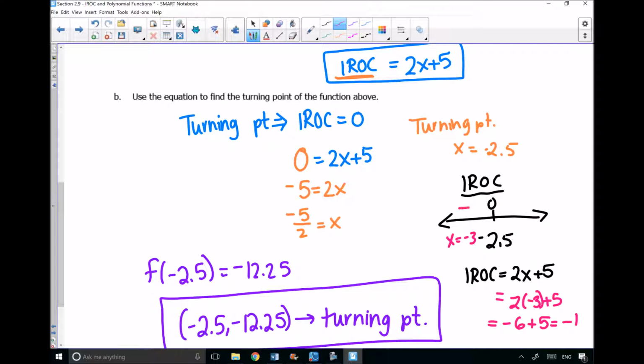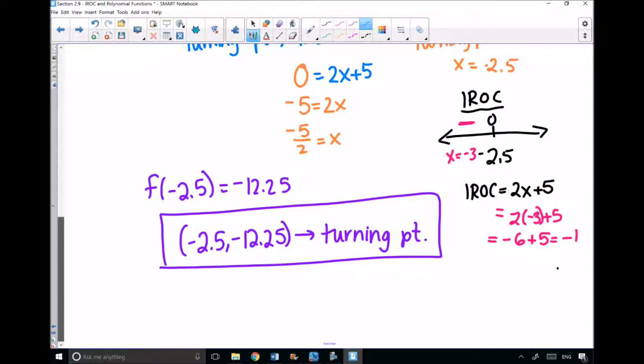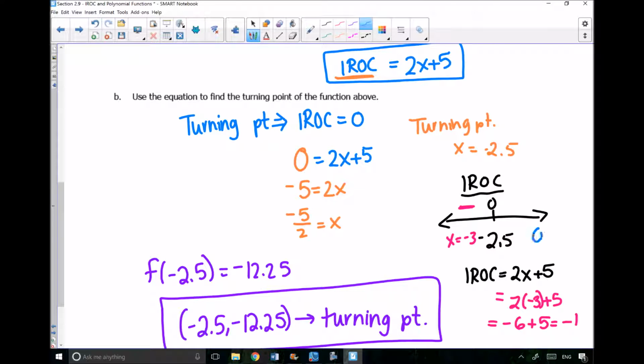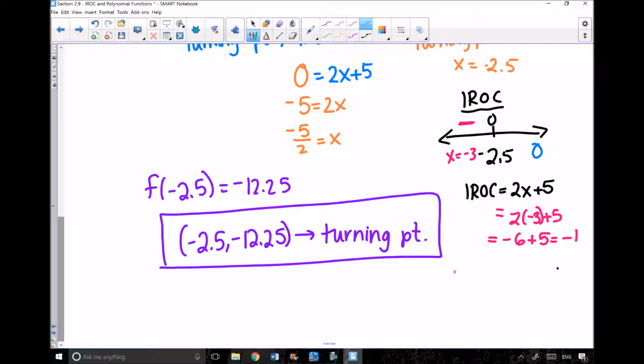So therefore, my instantaneous rate of change before negative 2.5 is negative. Okay, but let's test a value after negative 2.5. So let's test 0. So right here, when I do this, my instantaneous rate of change after negative 2.5 is going to be 2 times 0 plus 5. So I get 0 plus 5, which is 5, and that's a positive value. Therefore I can see that my graph is going to be decreasing here.